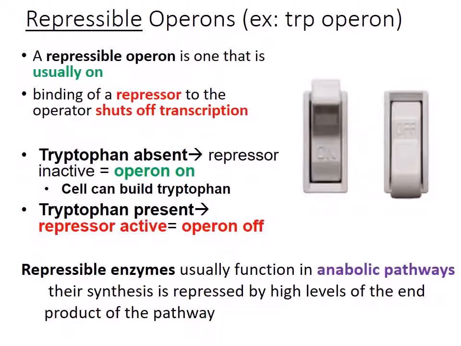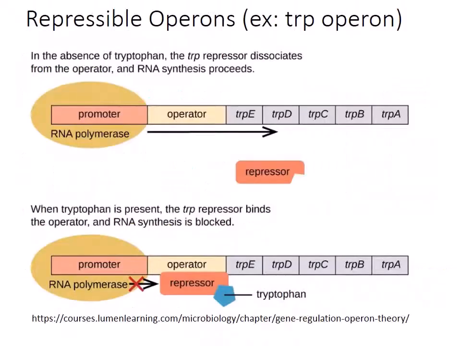However, if the cell already has enough tryptophan, why would it need to make more, right? So in this case, the repressor is going to be active and the operon would be turned off. Repressible enzymes are usually going to function in anabolic pathways. Remember, anabolic pathways are going to build molecules, and so their synthesis is repressed by high levels of the end product of that pathway.